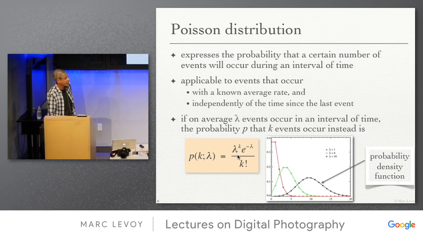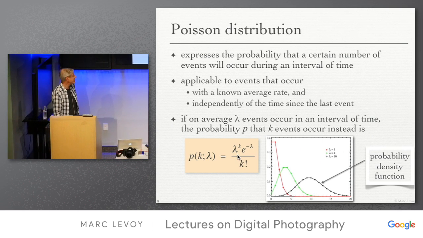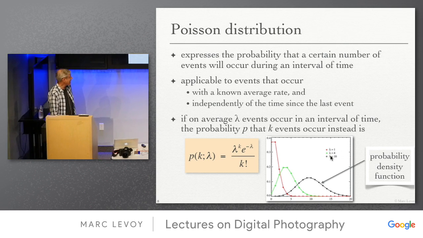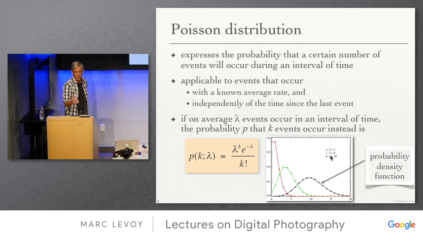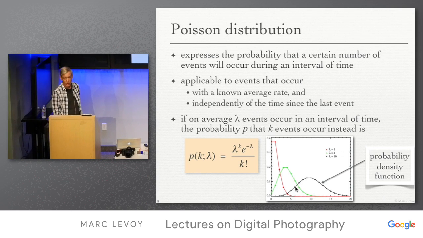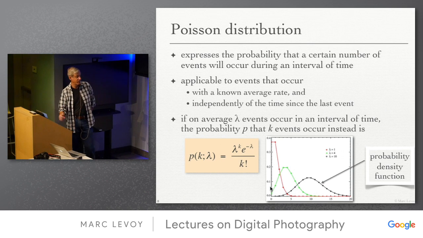So the easiest way to look at that is let's look at the probability density function. So let's look at just the black curve. This is for lambda equals 10, meaning the average number of photons that will strike the sensor is 10. But there is a probability that only 7 photons will strike the sensor instead. And that probability is non-zero.